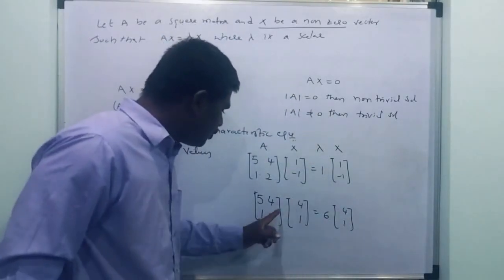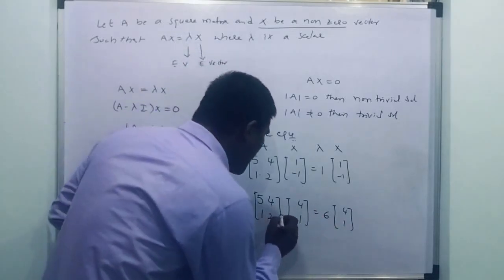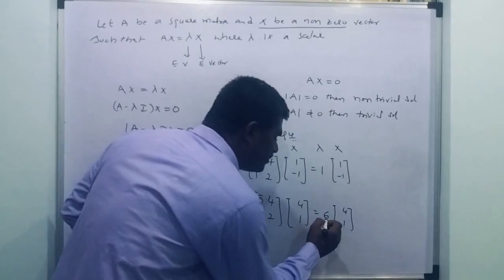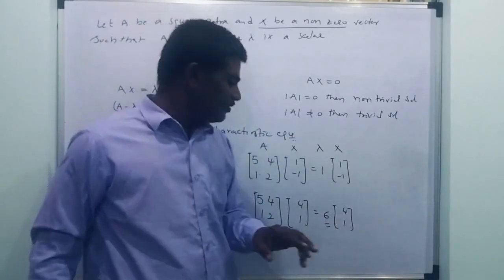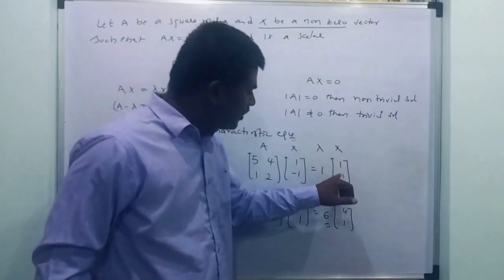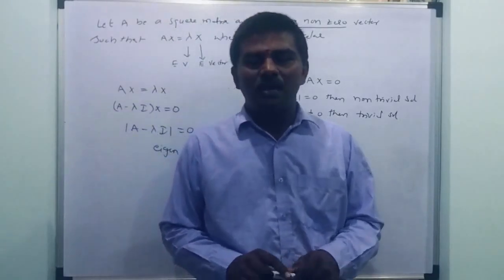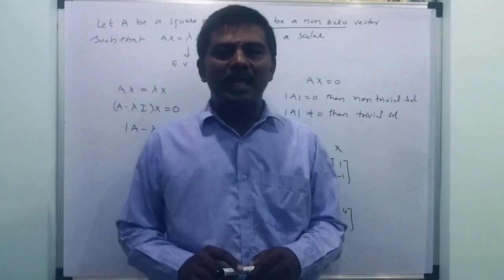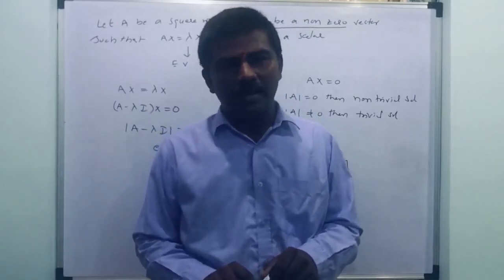And also 4 plus 2, 6. 6 into 1 is 6. That means your eigenvector is 4, 1 and eigenvalue is 6. That means this matrix has two eigenvalues 1 and 6 and the corresponding eigenvectors are 1, minus 1 and 4, 1. Let us solve some problems, then you can get more clarification on finding of eigenvalues and eigenvectors of matrices.